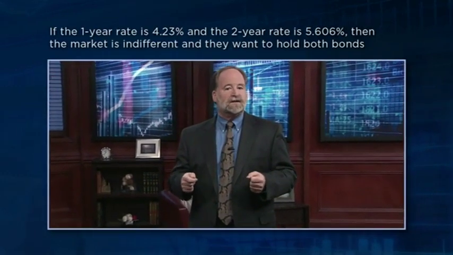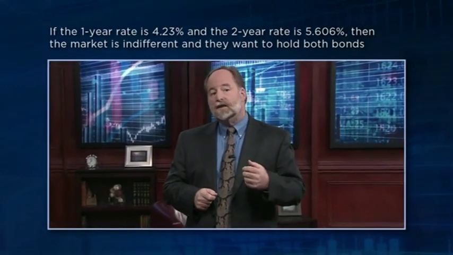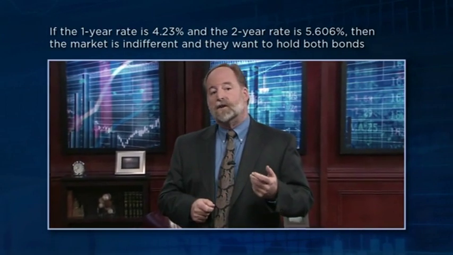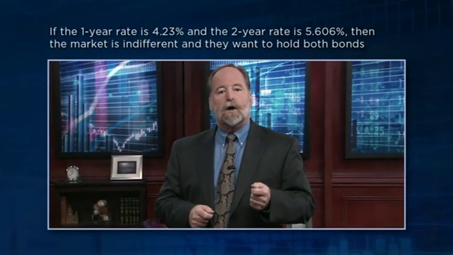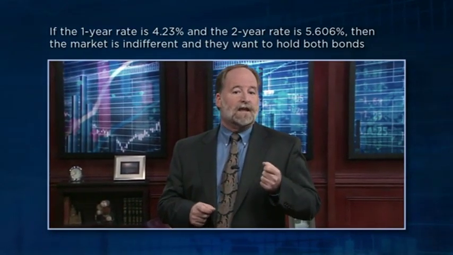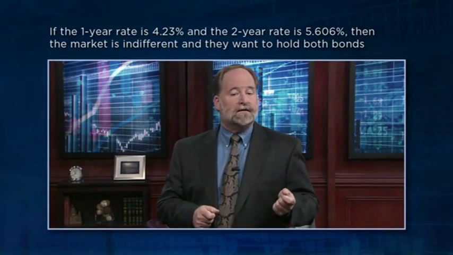All this buying of the 2-year and selling of the 1-year will stop when the investors are indifferent between investing in the 1-year versus the other. For example, if the 1-year rate turns out to be 4.23% and the 2-year rate turns out to be 5.606%, then the market is indifferent and they will want to hold both types of bonds.